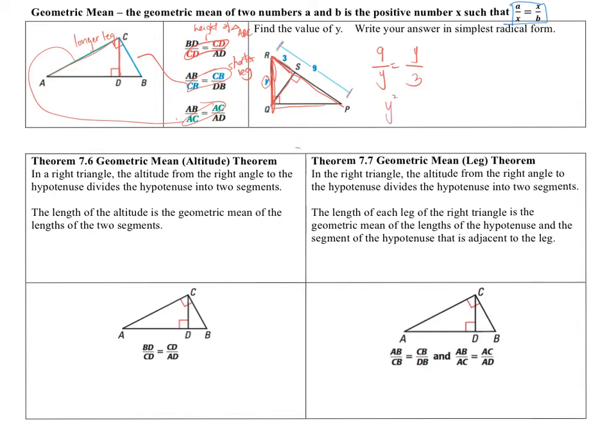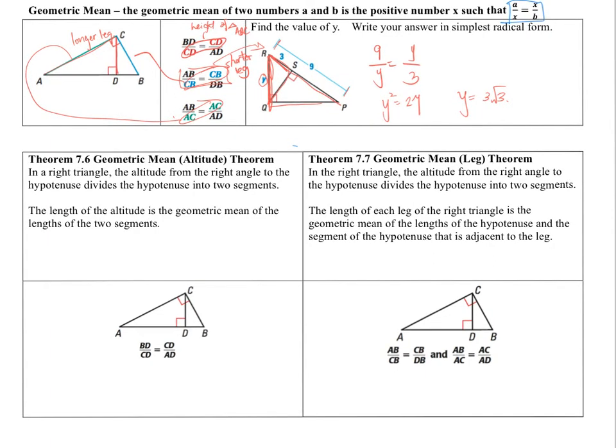So y squared equals 27, and y will equal 3 square root of 3. So in this case, we used the second case to solve for y.